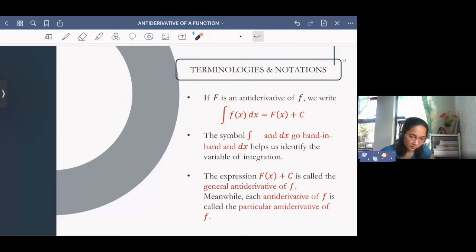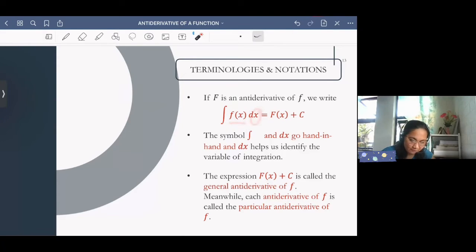The integral symbol and dx go hand in hand, and dx helps us to identify the variable of integration. Let's say, for example, we have the integral of f of x dx. So we are dealing with the antiderivative of f with respect to x.